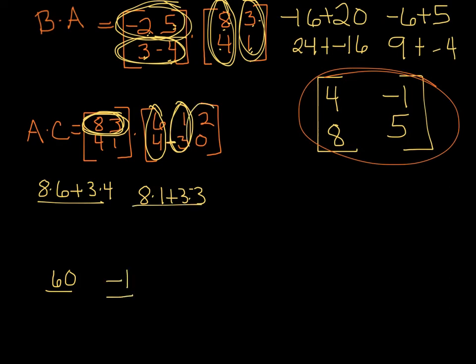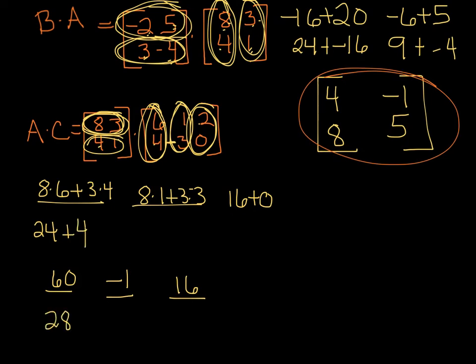And then we're going to go top right. 8 times 2 is 16, plus 3 times 0 is 0. So 16 is that term. And then we're going to go bottom left. 4 times 6 is 24, plus 1 times 4 is 4, so that's 28.